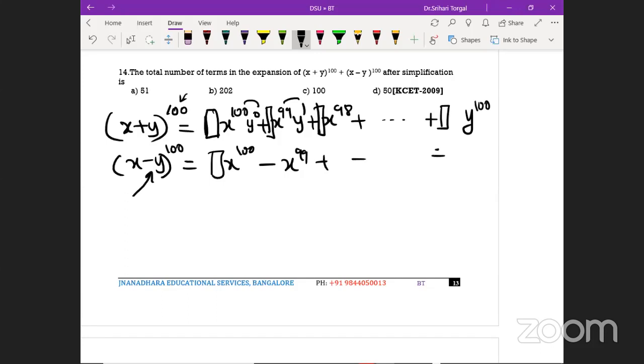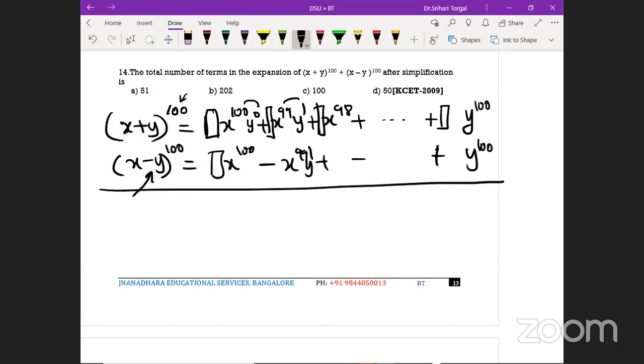For even power, you will get positive sign always. For y power 1 it is negative, right? For even powers of y, you need to write the positive, okay? Y power 100.